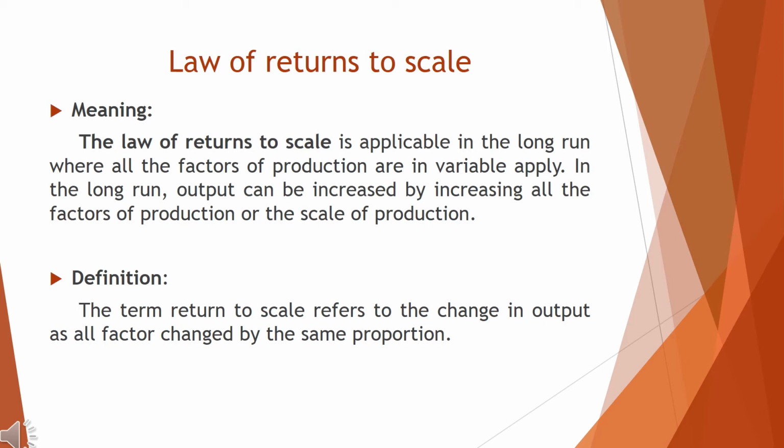In other words, the return to scale explains how the alteration of all the factors in the same ratio affects the output. Hence, return to scale is the long-term phenomenon. Definition. The term return to scale refers to the change in output as all factors are changed by the same proportion.